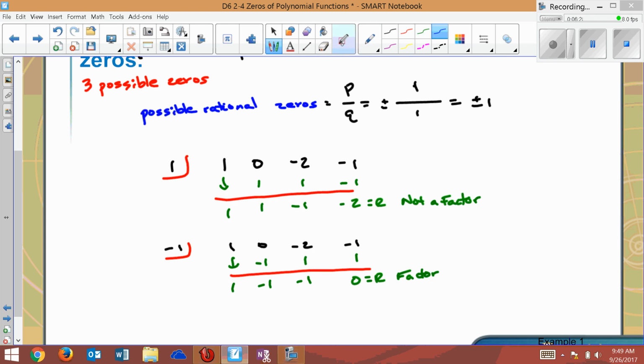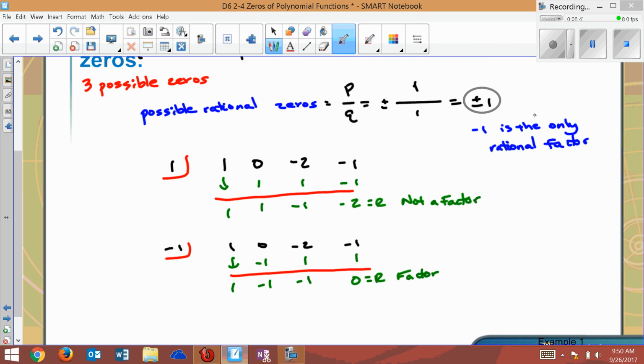So these were my possible factors. -1 is the only rational factor. So these are the only two that were possible, +1 and -1. But as it turns out, -1 is the only rational factor.